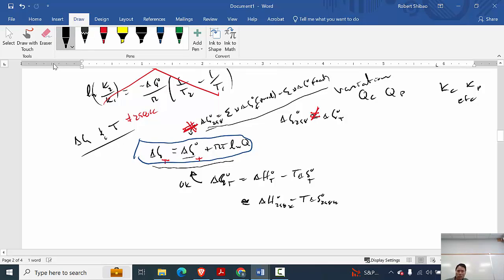Or we substitute. A lot of people will substitute this. Delta G at temperature T is going to be about equal to delta H at 298 minus T delta S at 298 under standard conditions, plus RT ln of Q. And then this gets all mixed up because, wait, are we under non-standard conditions?